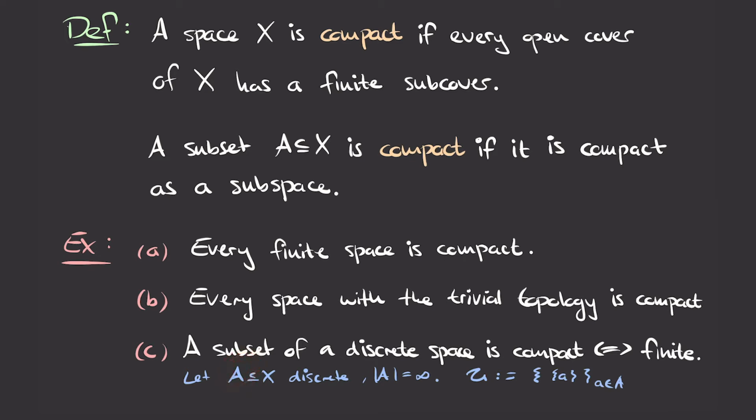Now, if our subset A were compact, then it needs to be possible to find a finite subcover of this open cover U, but this cannot be the case because if we get rid of any element of this open cover U, we'll be leaving out some point in our subset A. In other words, there's no proper subcollection of U that still covers our set A. In particular, there's no finite subcover of U because we've assumed A to be infinite, and so if we had a finite subcover, this would have to be a proper subcover of this open cover U. So in summary, we've shown that whenever we have an infinite subset of a discrete space, we can construct this type of open cover which does not have any finite subcover.